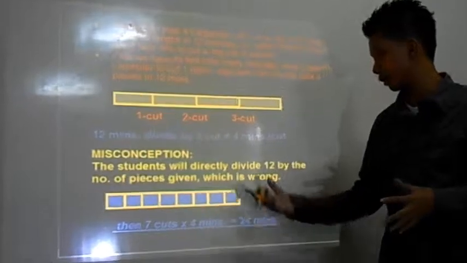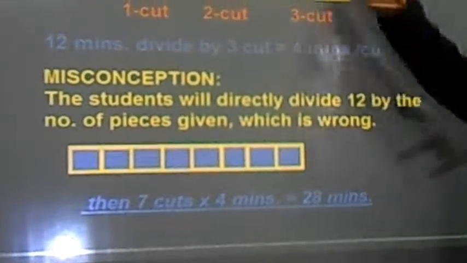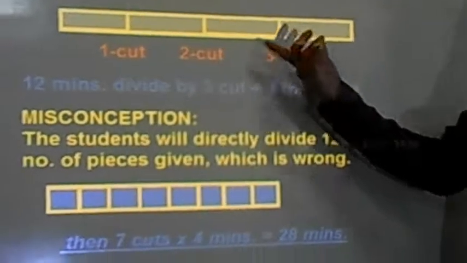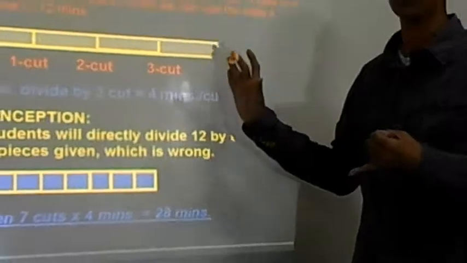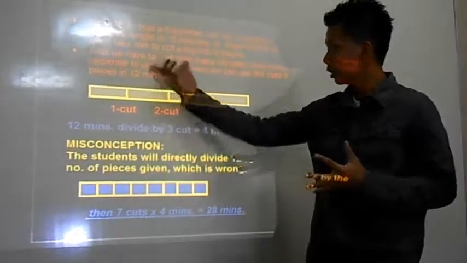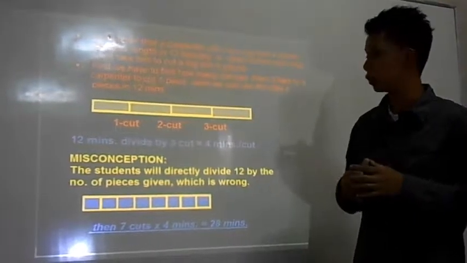So 12 divided by 4, the answer is 3, which is wrong based on the given illustration of the log. Can we now solve the given problem?